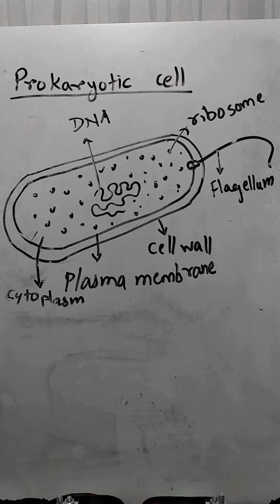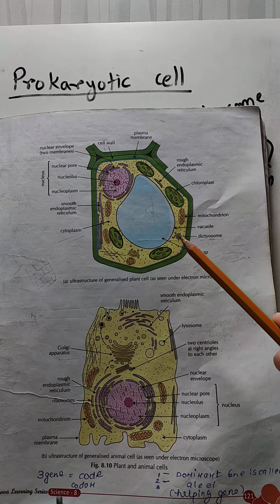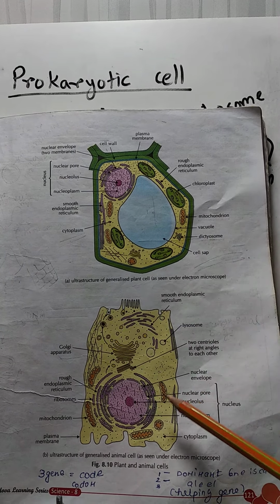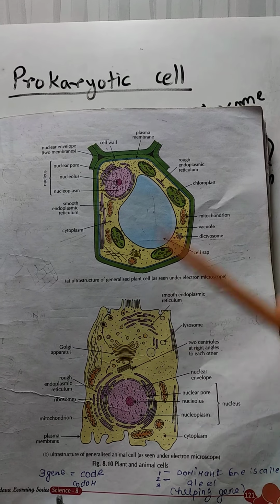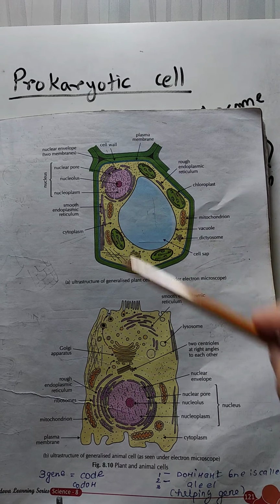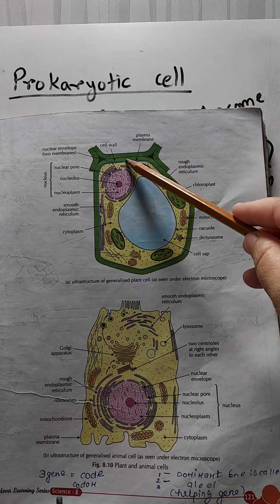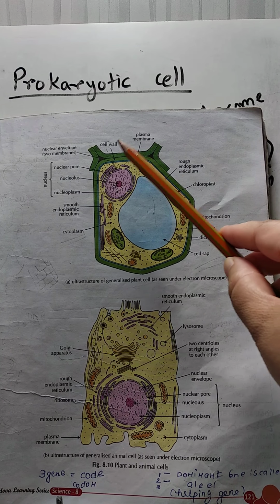Now let's see the eukaryotic cells. Now see, this is a plant cell and this is an animal cell, right? Here also the cell wall is present in the plant cell, but the cell wall is absent in the animal cell. Then inside the cell wall, what is present?